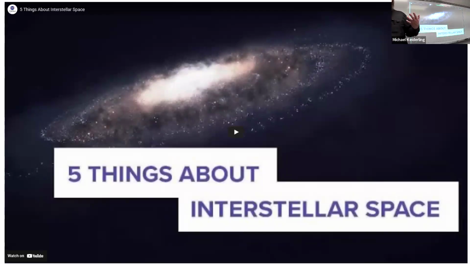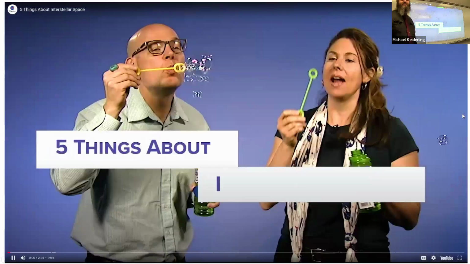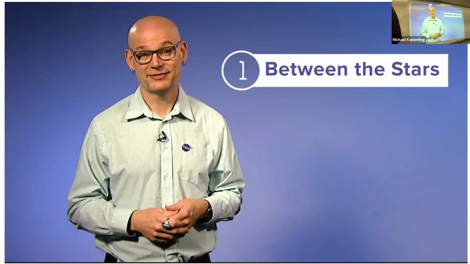The one thing you need to really understand is that space is really empty. It's very thin, which leads to some very strange effects. Interstellar space is the space between the stars. But that doesn't mean that all space is interstellar. It's a bit more complicated than that.